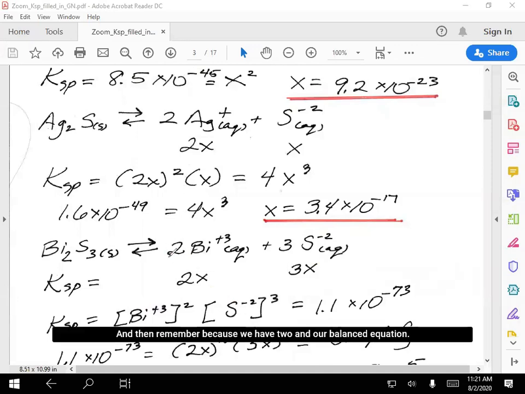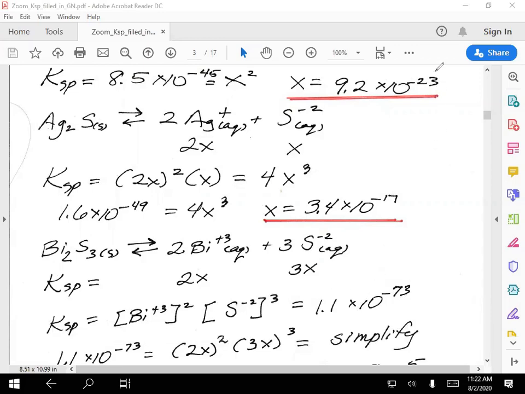And then remember, because we have 2 in our balanced equation, our exponent is 2. We have 3 in our balanced equation, so our exponent is 3. So we set up our KSP expression. It's equal to the value that was given for us.